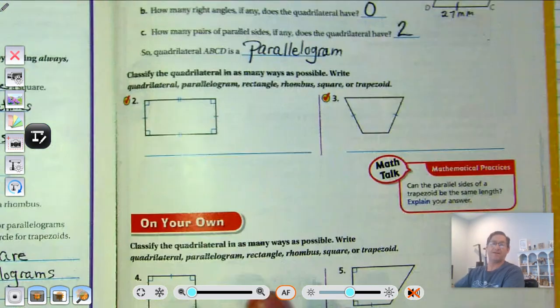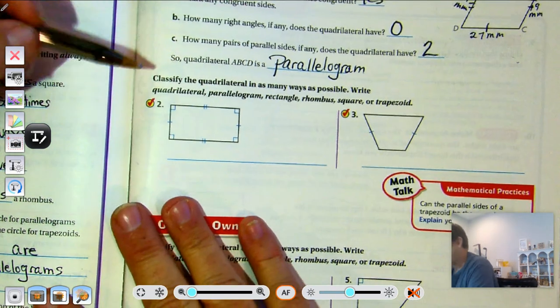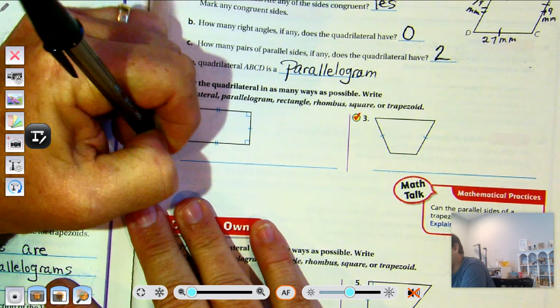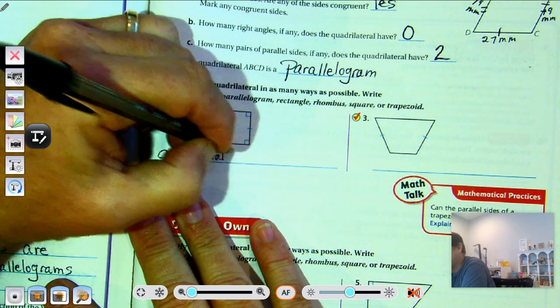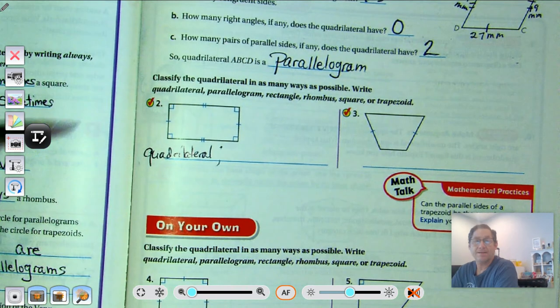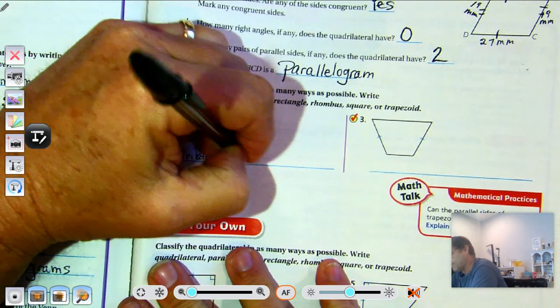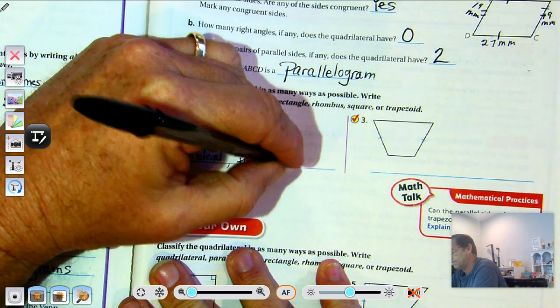All right, now classify these in as many ways as possible. Okay, we know this shape's a quadrilateral because anything with 4 sides is a quadrilateral. It's a parallelogram because it has opposite sides that are parallel.